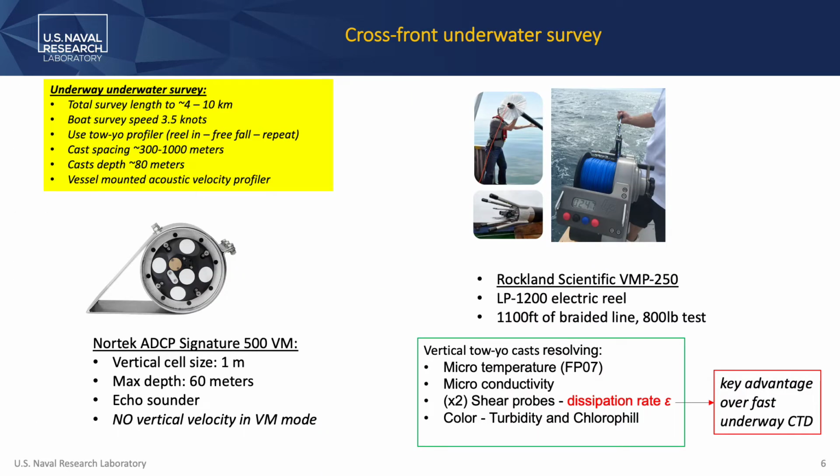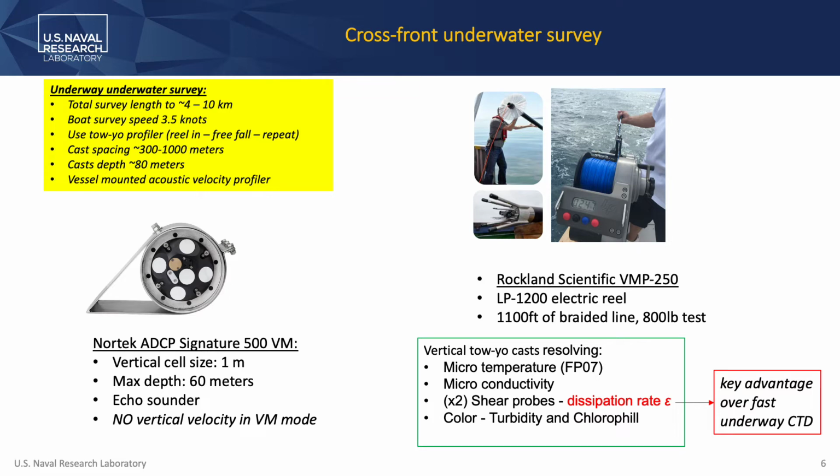For the underwater surveys across the front, our two primary instruments were the ADCP for vertical profiling of the current, and also the vertical microstructure profiler from Rockland Scientific, which was equipped with micro-CTD, with shear probes for dissipation rate estimates, and with ocean color sensors.